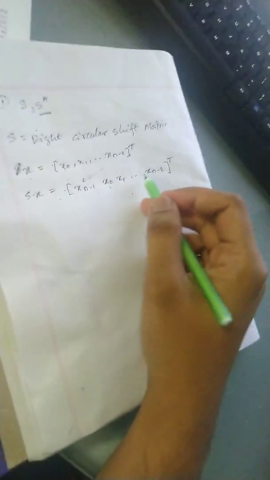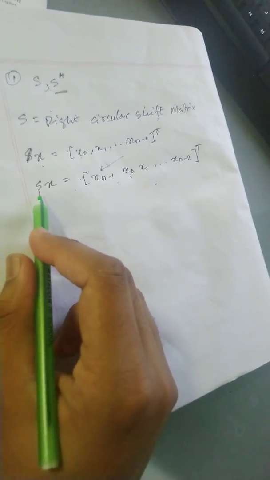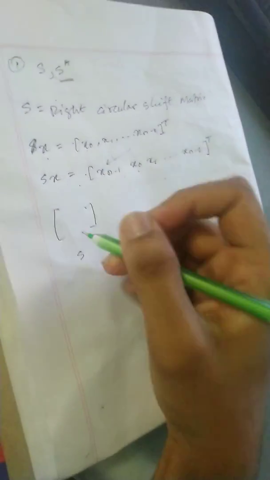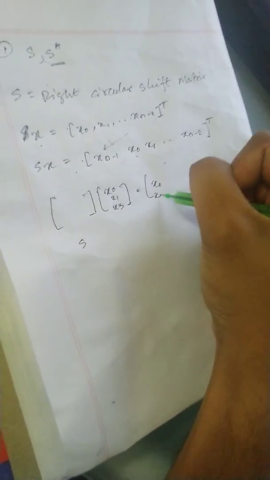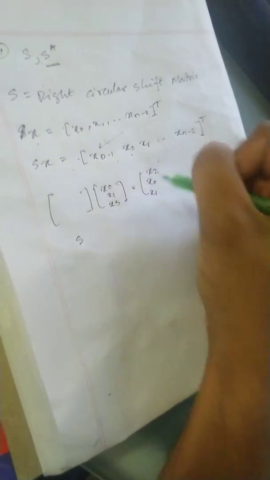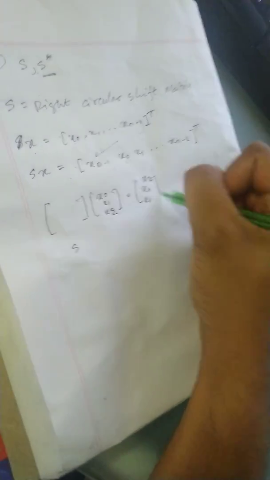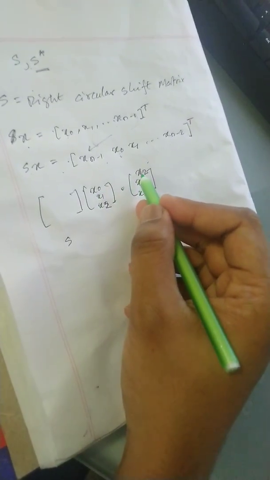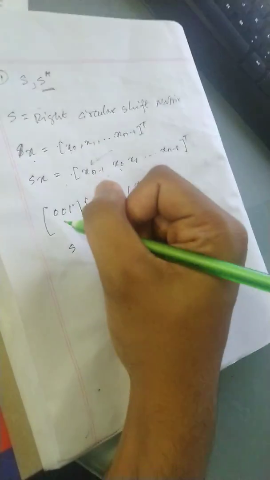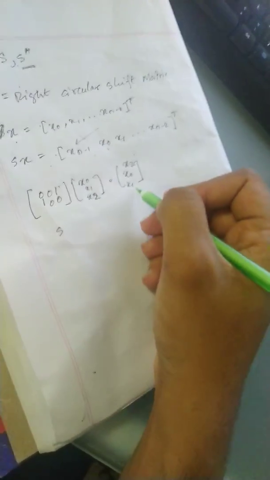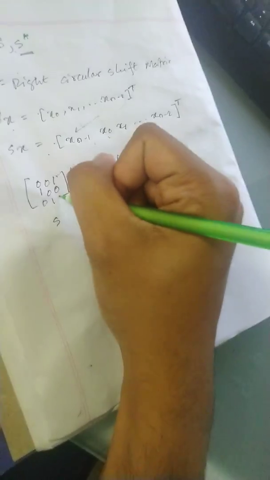So let's actually work with column vectors. What will be the shape of S? We can easily get the shape of S. Let's say we are working with a 3-element vector. We want our vector this way, x1 and x2 here. So we want in the first row x2, so that would be 0 0 1. We want here x naught, so 1 0 0. We want here x1, so 0 1 0.